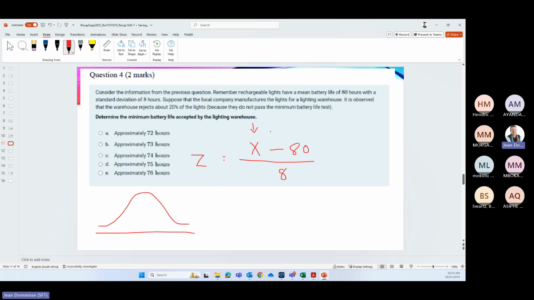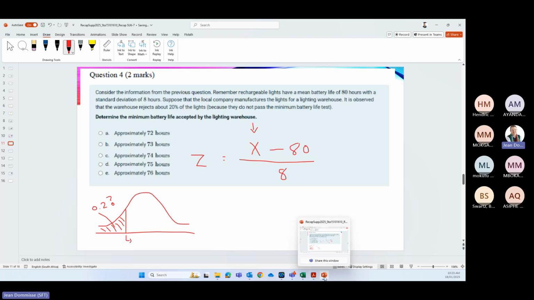Okay, so how are we going to work out that X? If they reject about 20% of it, will that component equal 20%? So that we can get a Z there.